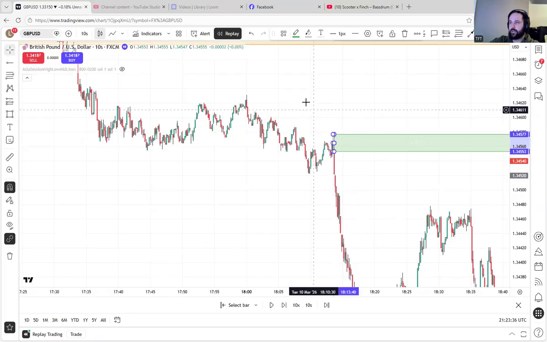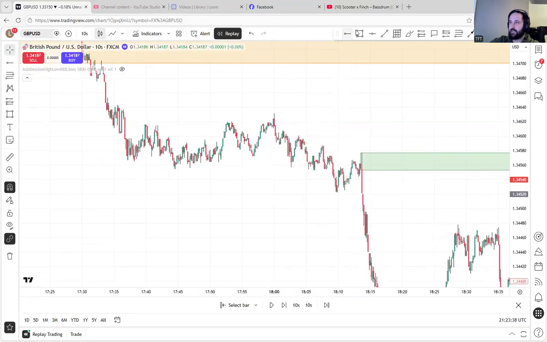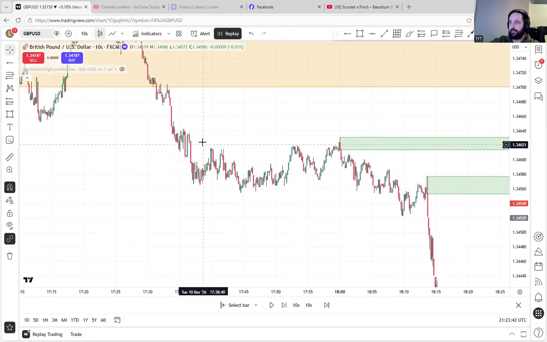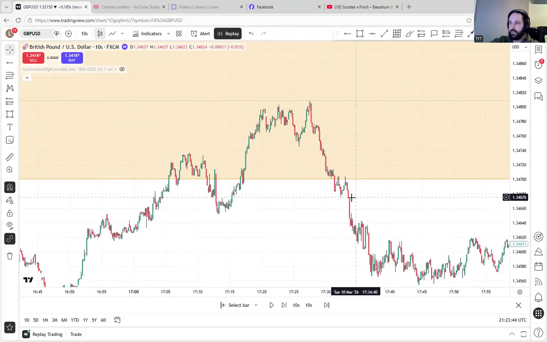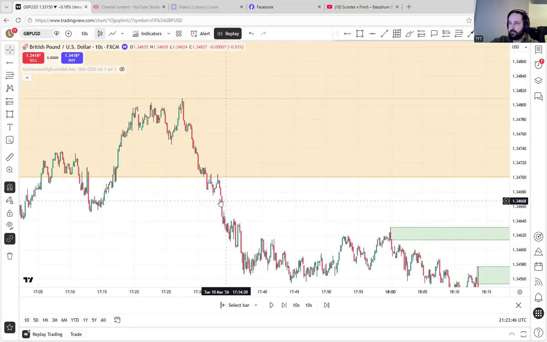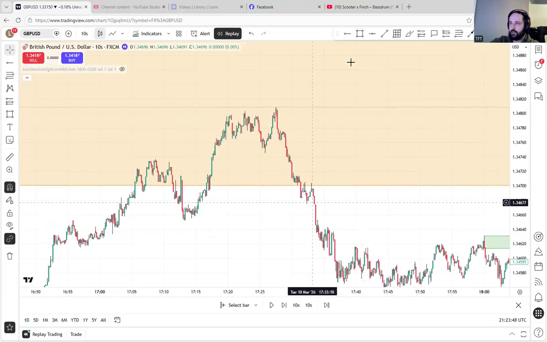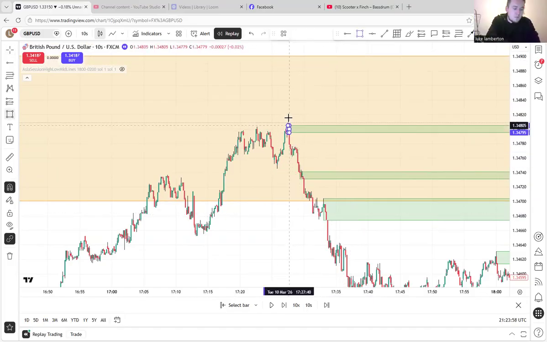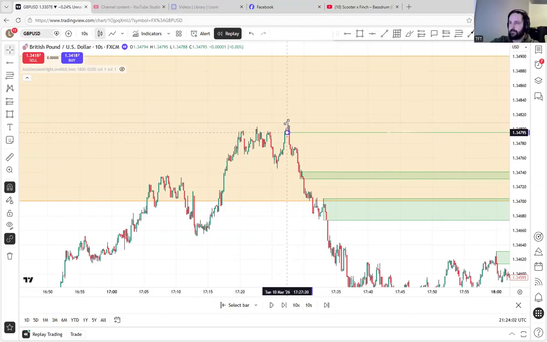So the base point is that one. Maybe this here, not as big, but maybe this here as well. Just marking these roughly at the minute. Something like that.